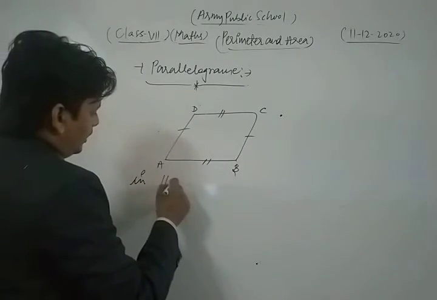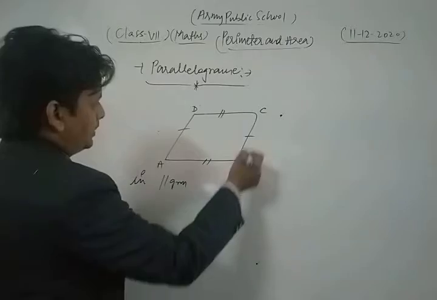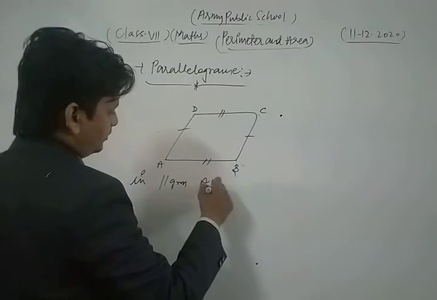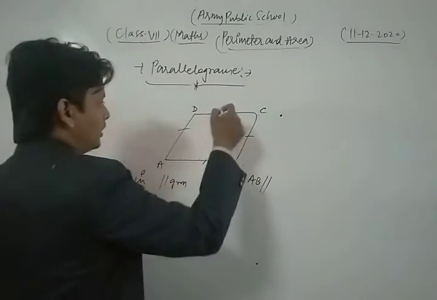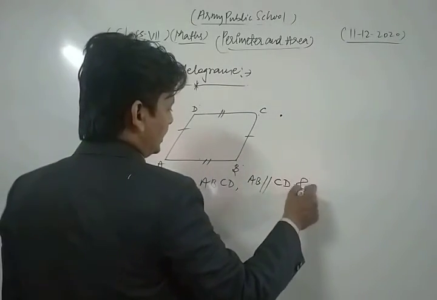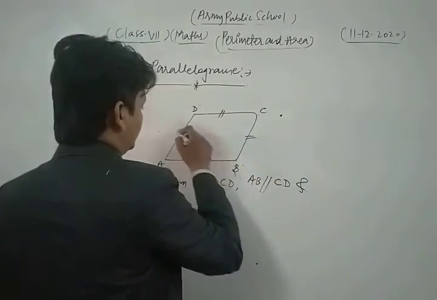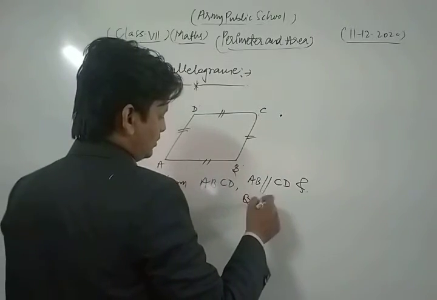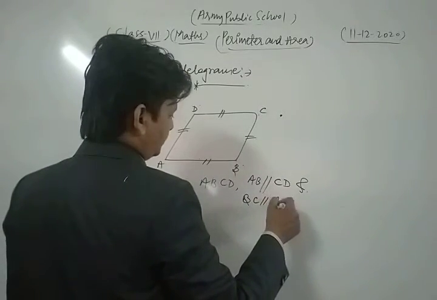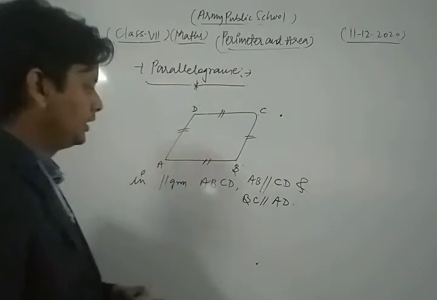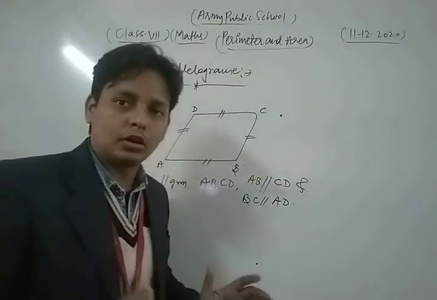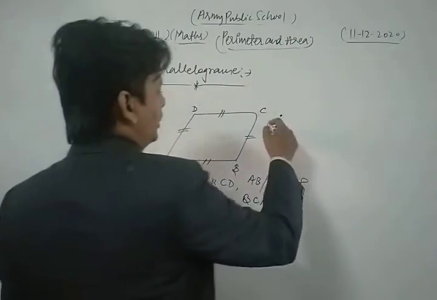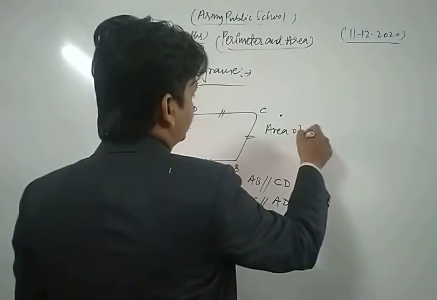In parallelogram ABCD, AB is parallel to CD and BC is parallel to AD. So these are the main characteristics of a parallelogram.